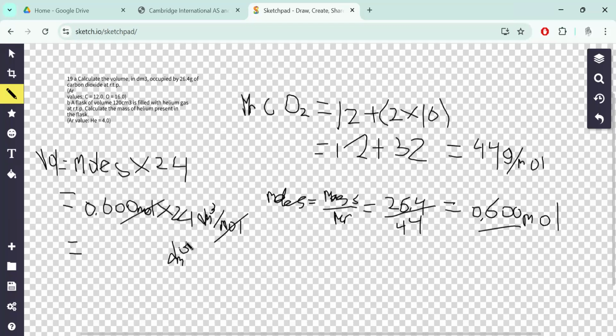It's supposed to be volume, not concentration. So there'll be 0.600 times 24. After some calculation, it's 14.4 decimeter cube. So this is the volume of carbon dioxide.